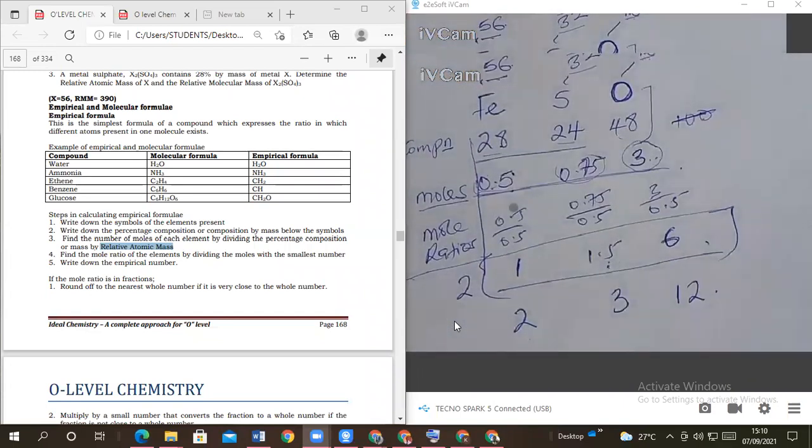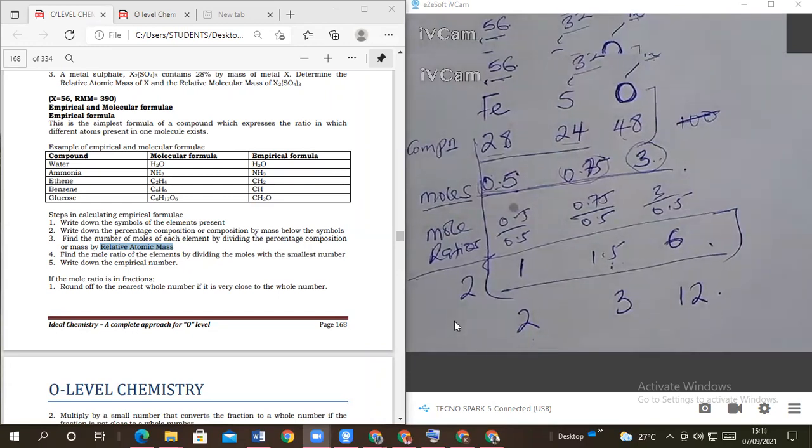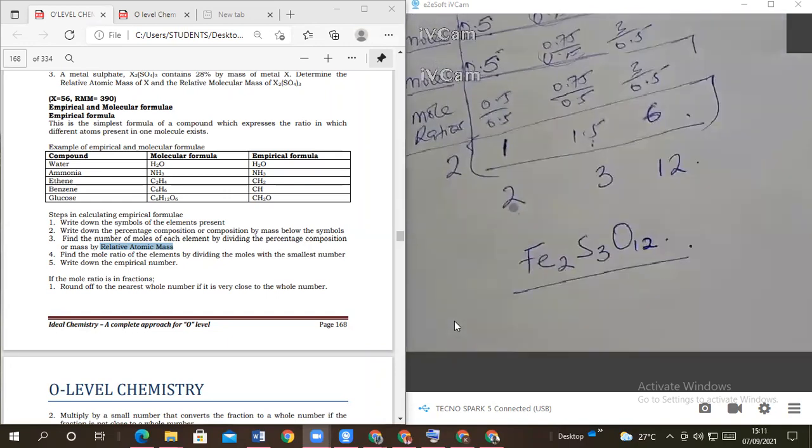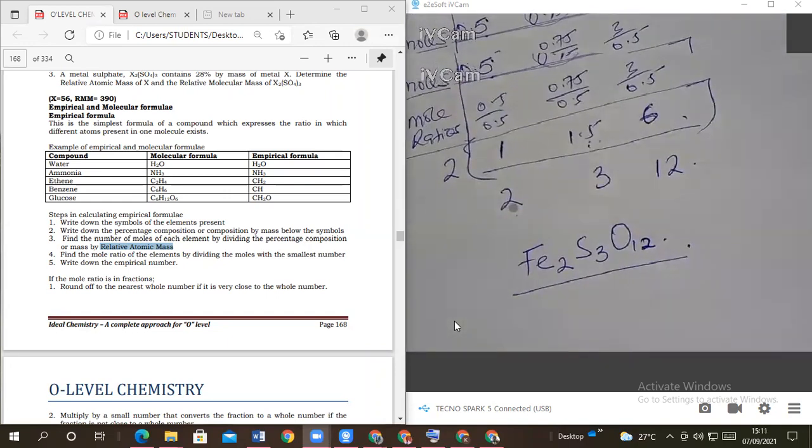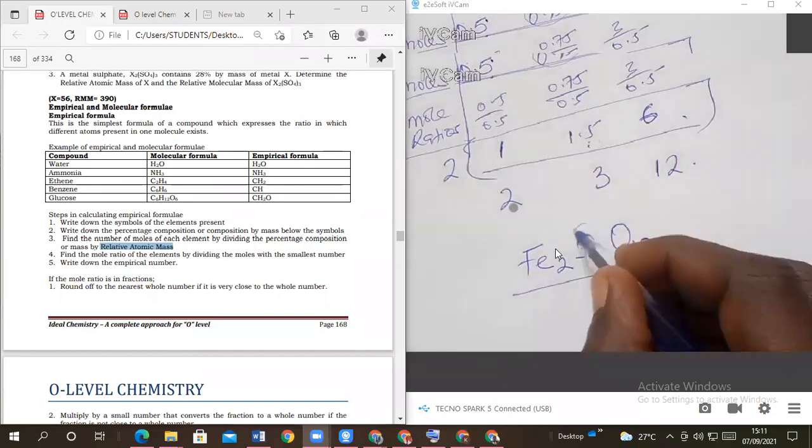So if you write down the compound, it's going to be Fe2S3O12. Now, in chemistry, we don't have a compound with this kind of a name. But you can simplify this one here.